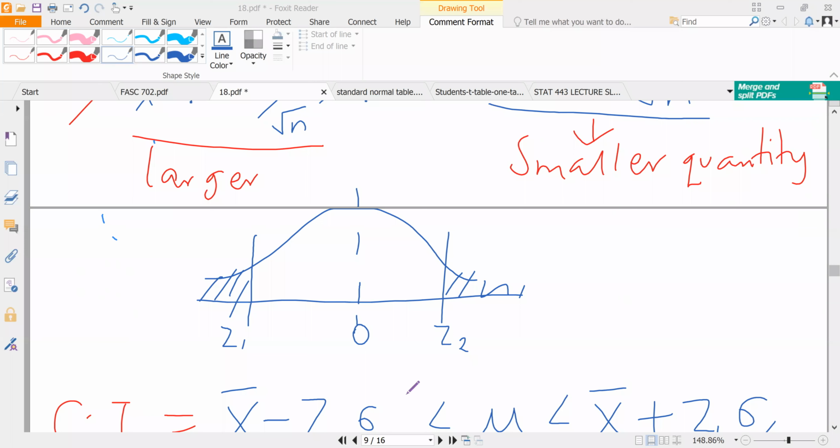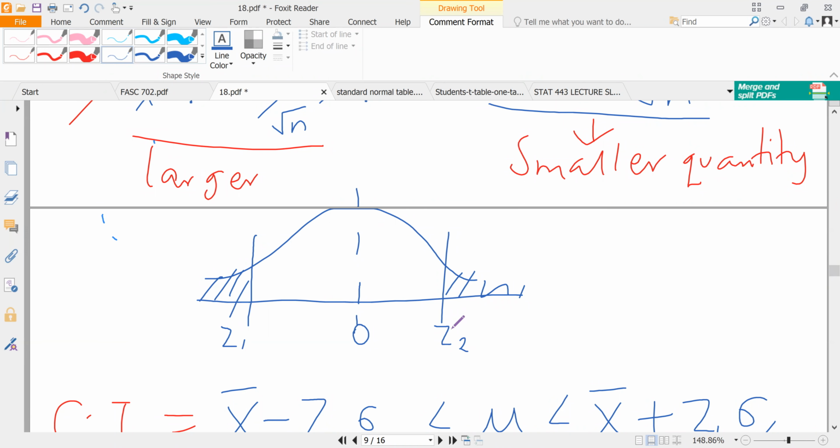So it means that because, remember, like I told you, this curve is symmetric, whatever is above 0 is a complete replica of what is on the lower side, or the left-hand side, of 0. So this Z2 is always a negation of Z1, and Z1 is a negation of Z2, because the curve is perfectly symmetrical.